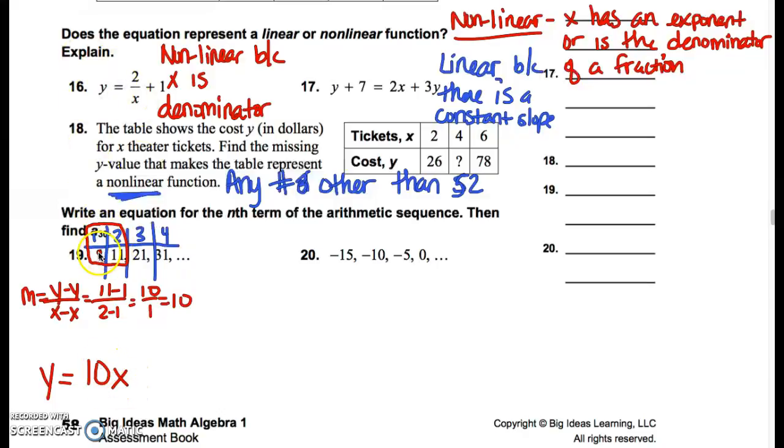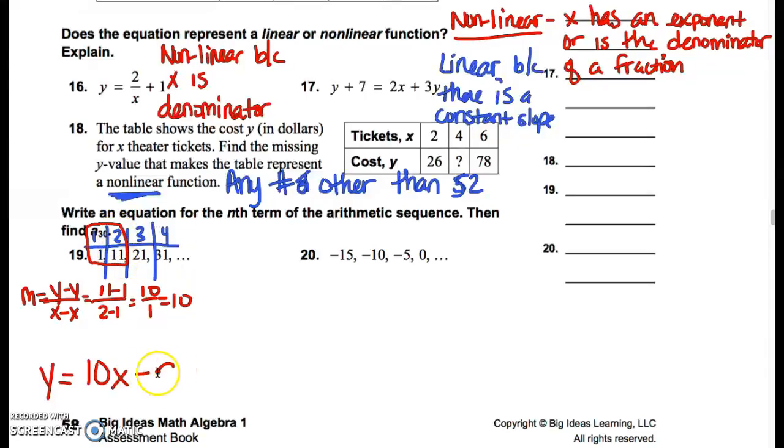Now, if I go back up to my table, that doesn't fit the pattern here. 10 times 1 is not 1. 10 times 2 is not 11. 10 times 3 is not 21, and so on. But I'm going to use that to figure out what other piece I need to get to that value. Well, if I do 10 times 2, I get 20. What would I need to get from 20 back down to 11?